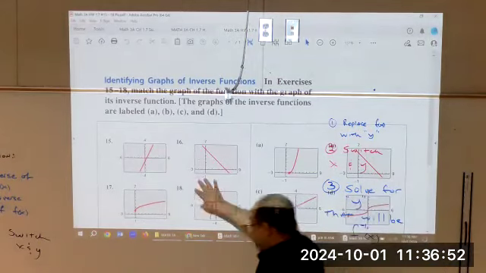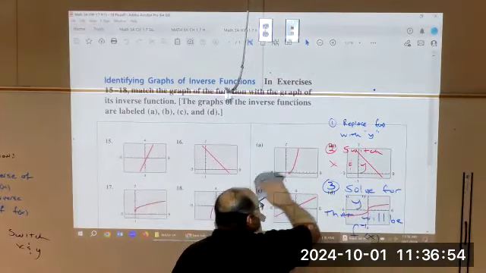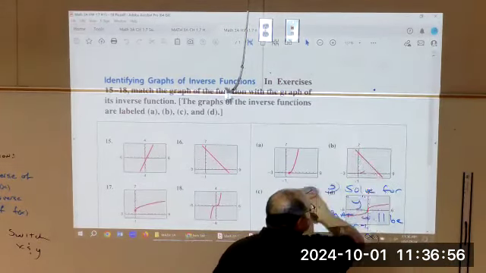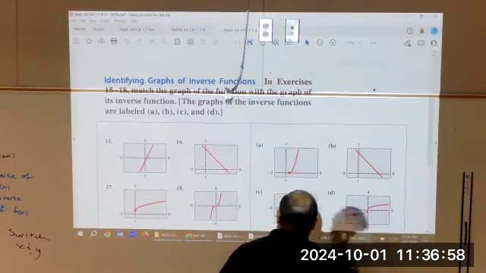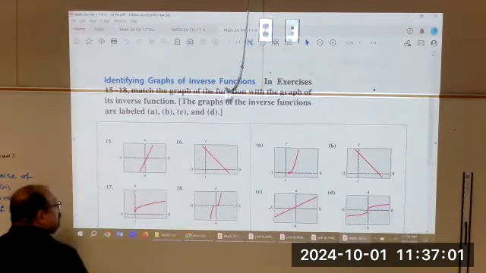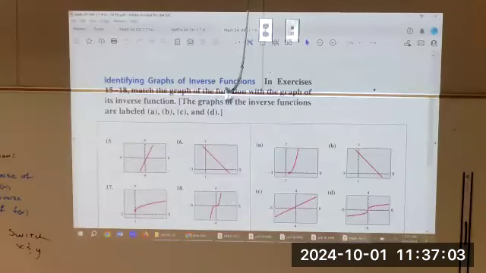So here's 15 to 18, and over here, A, B, C, and D are the pictures of the inverse functions. So 15 and 16, those are linear, they're lines. Of A, B, C, and D, there's only 2 of those over there that are linear. So let's just focus on the lines for a second.